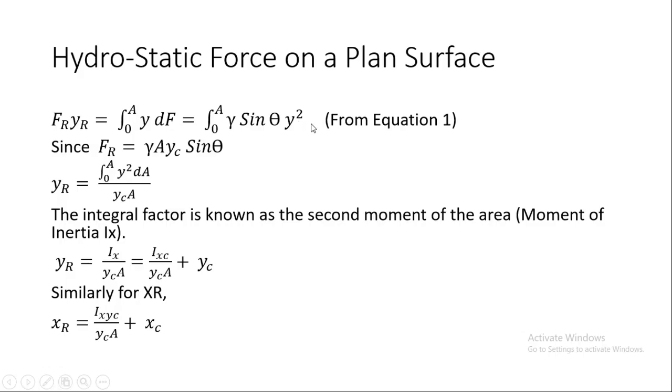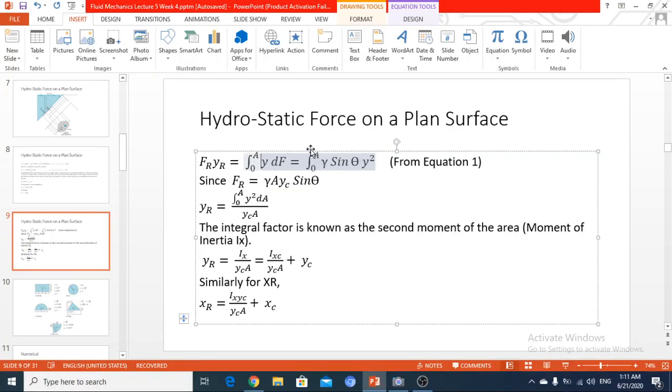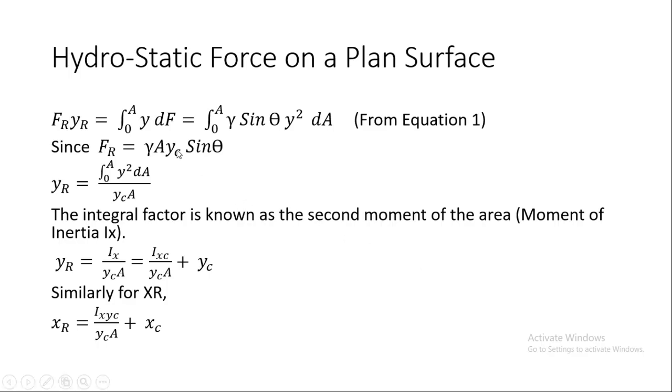I forgot to write dA here, so dA is also present here. This is our first equation, and we also determined the Fr value, which is equal to sigma a yc sine theta or sigma a hc.